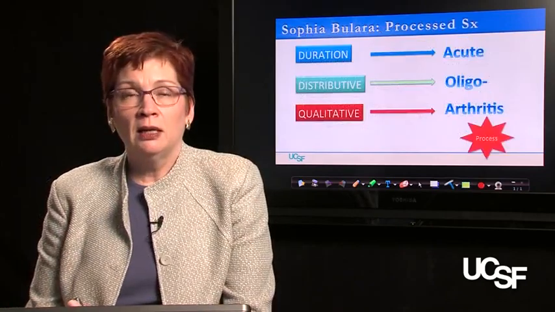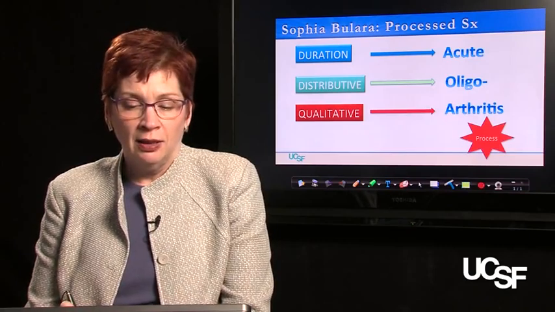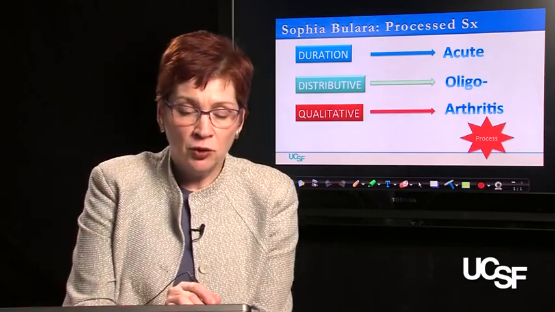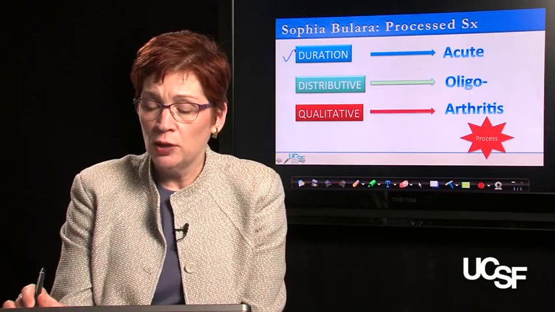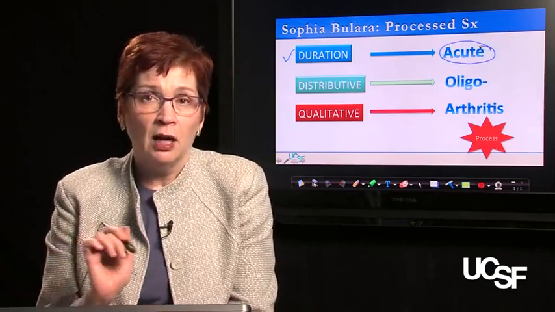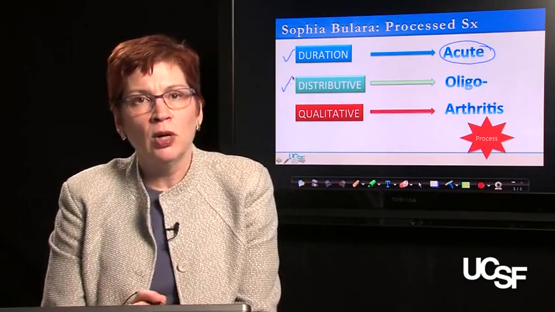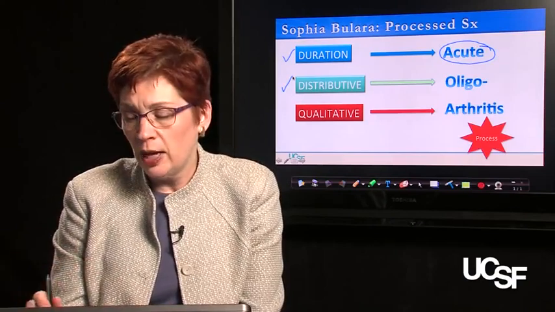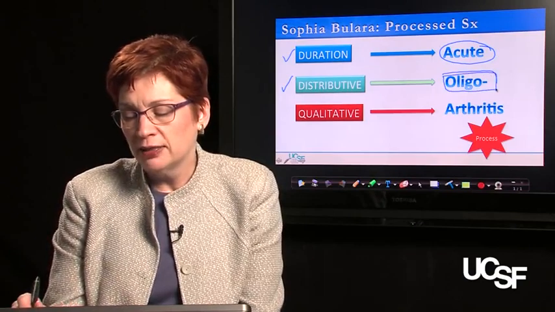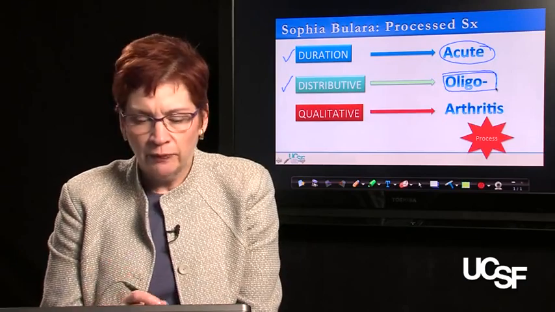So based on my questioning and investigation of Sophia's presentation, I can show what her symptoms are in a processed manner. First, duration. Her symptoms were here for 2 days. That's acute, and we'll show how this helps you in forward thinking on the next slide. There's evidence of distributive processing. Remember, where does this present in relationship to the body? And we would call this oligo or pauci, meaning a few, more than one, less than a bunch.